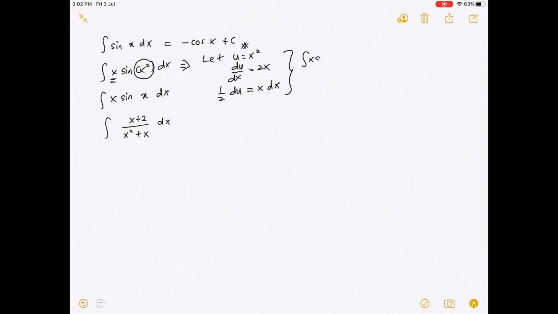So the x sine x squared dx will become: x squared becomes u, and then the x dx becomes 1 over 2 du. What you want to integrate is actually this one only, 1 over 2 sine u du.